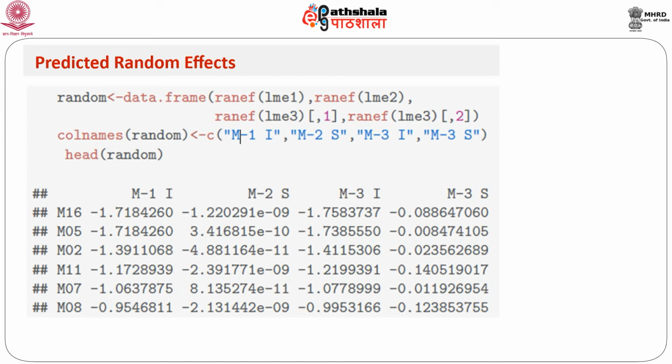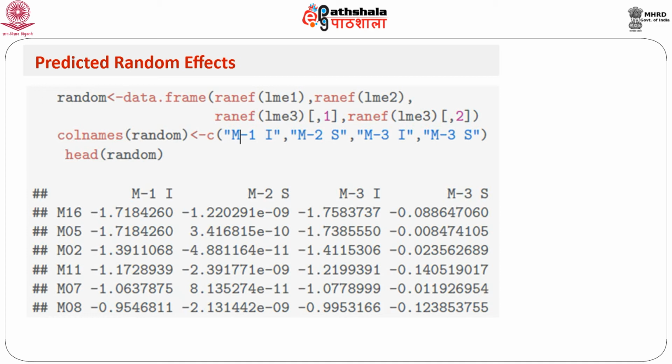So that means ranef(lme3)[,1] and ranef(lme3)[,2]. ranef(lme3)[,1] is the random intercept predicted from the third model, and the second column is the random slope from the third model.